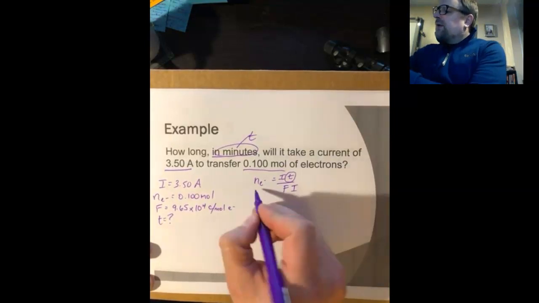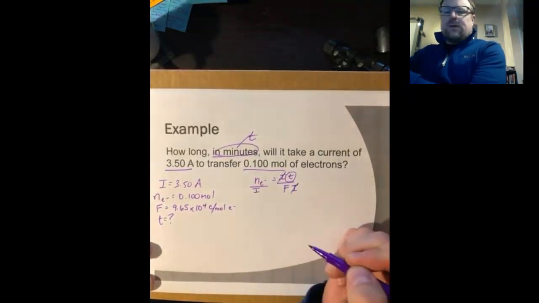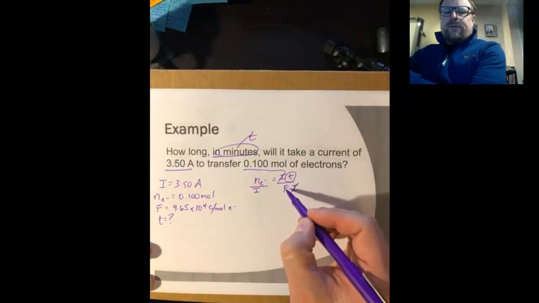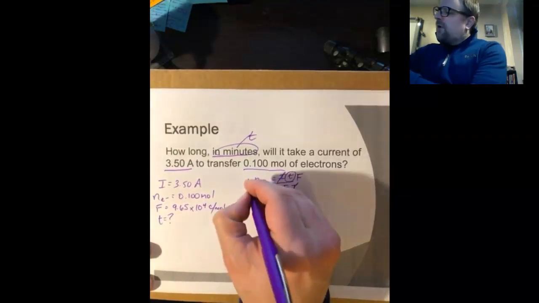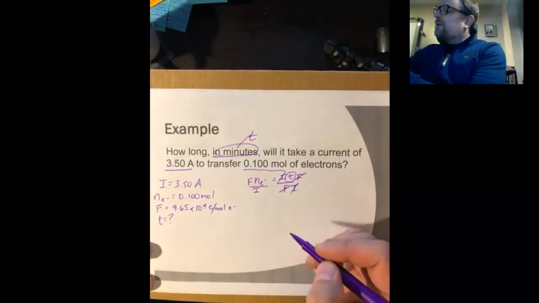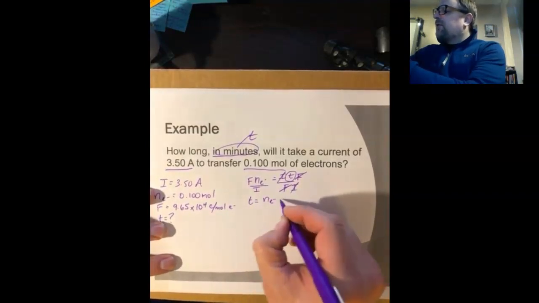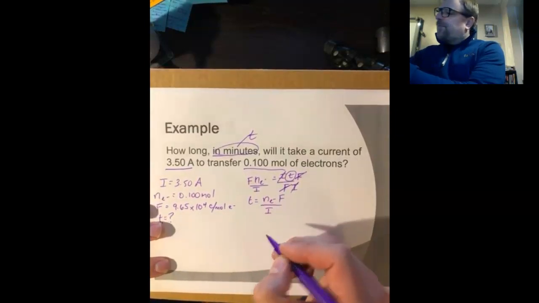What we do to one side, we have to do to the other, and our I's have canceled out. Okay? T is also being divided by F. What's the opposite of division? It's multiplication. So we'll multiply by F. What we do to one side, we have to do to the other. Our F's are canceled. So T is number of moles of electrons times Faraday's constant divided by current.